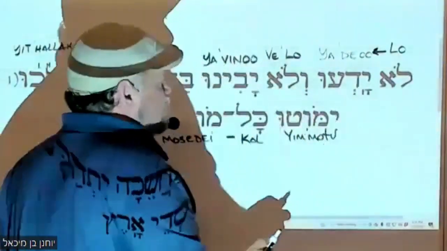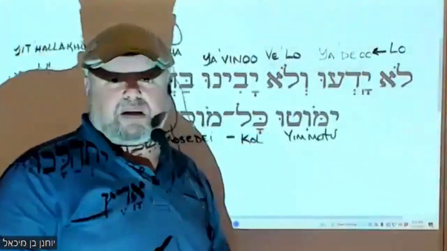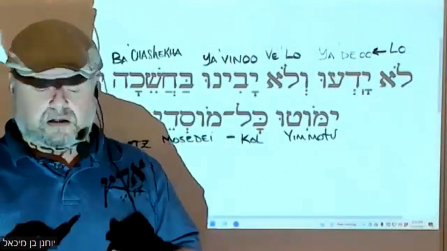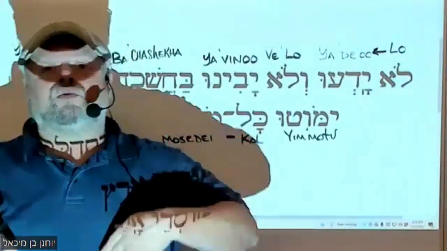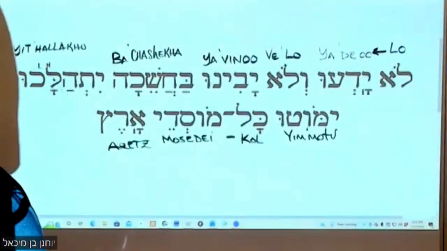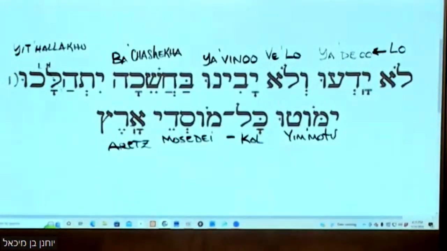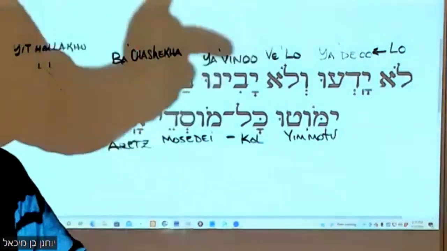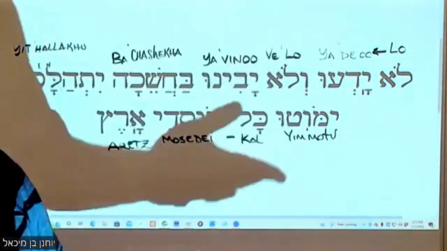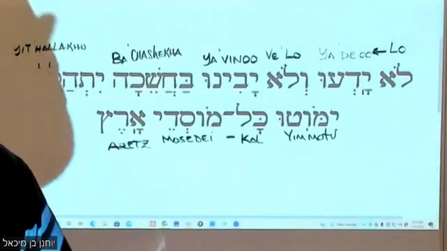Okay, so what about yadeu? What do we think that means? Okay, so the root word is yada, right, which means to understand. Yada means to know, more than understanding.